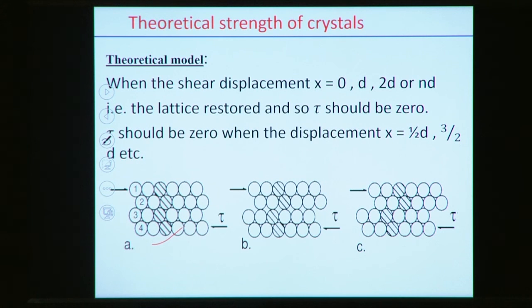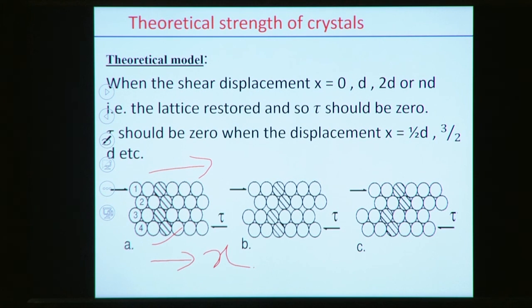To explain this phenomenon, we see that the shear stress is acting in this direction, and the displacement x can be represented like that. x can vary, x can be 0, d means a complete one atomic spacing movement, 2d or nd.